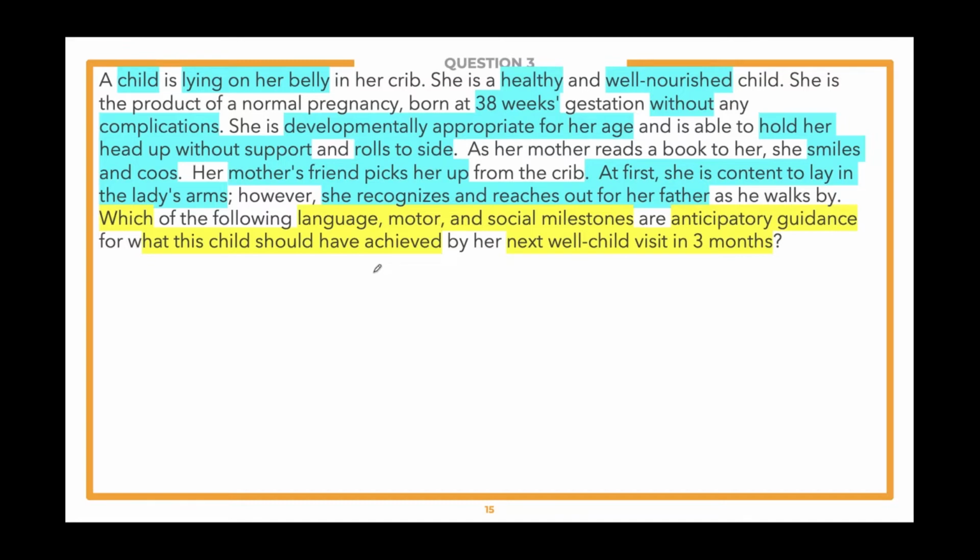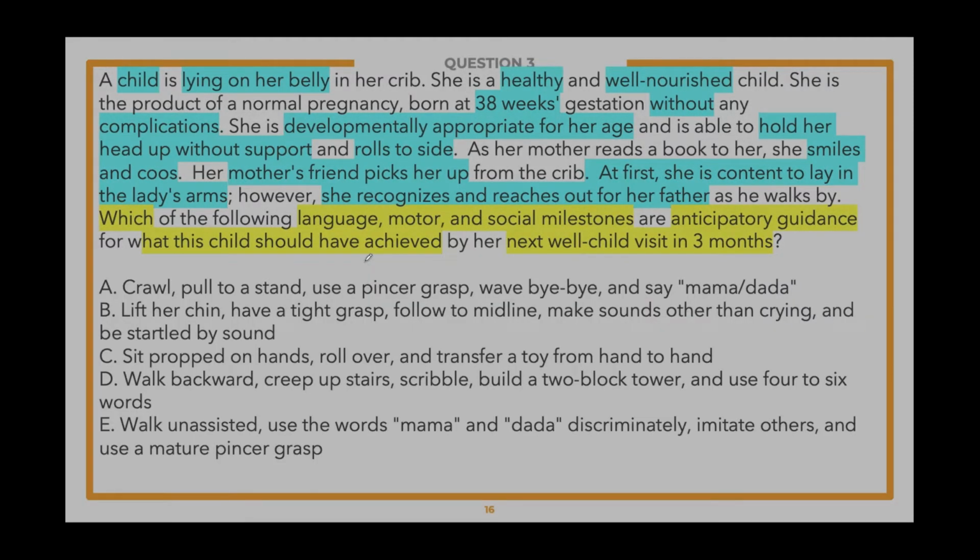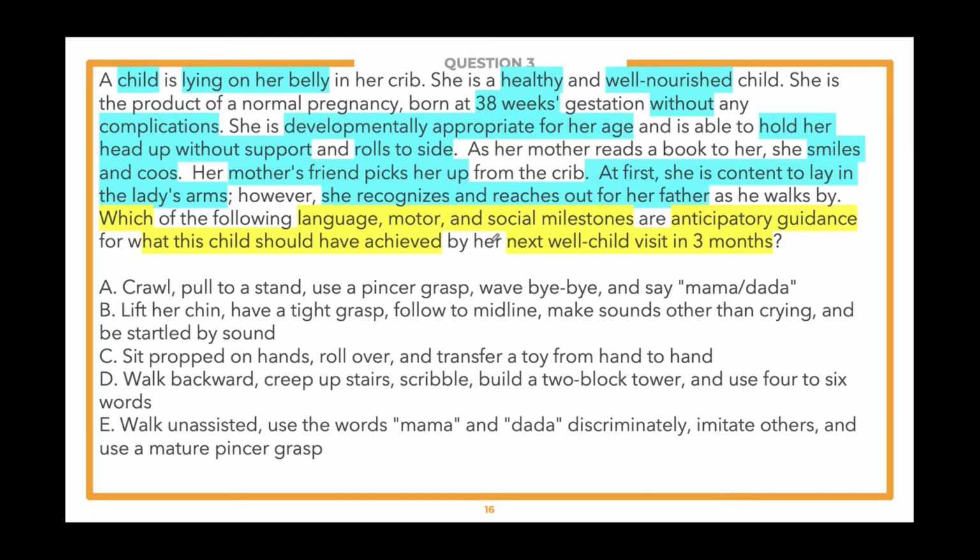Let's take a look at those answer choices. To clarify, one, we want to figure out where she's at right now, maybe what age she's at right now, based on what we're being given in the vignette. Two, in 3 months, what milestones should she have met at that point? Okay, so let's take a look at those answer choices.